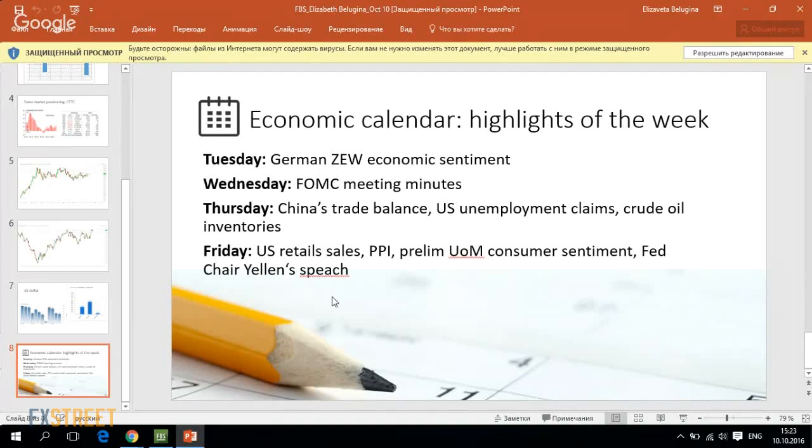On Tuesday, don't miss China's trade balance. The latest data from China weren't big market movers, but in my opinion, trade balance is probably the main thing which is important for forex traders, because China has strong trade connections with some of the major economies, and probably the greatest impact of China's trade balance will be on Australia and New Zealand.